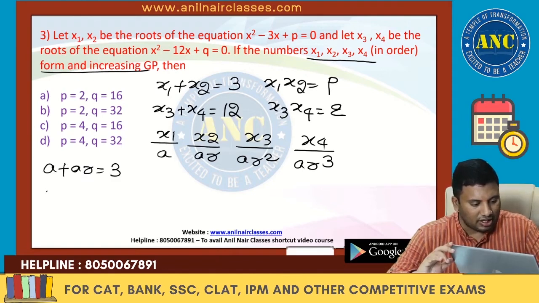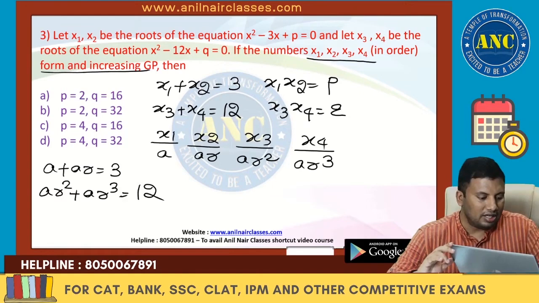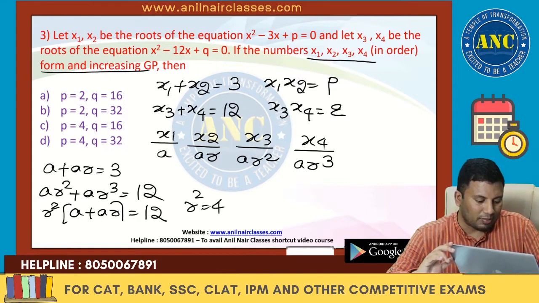Next, x3 plus x4: ar square plus ar cube is nothing but 12. This is r square (a plus ar), which is 12. So r square is nothing but 4, r is plus or minus 2.